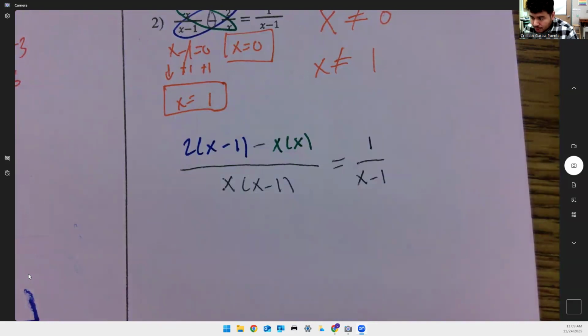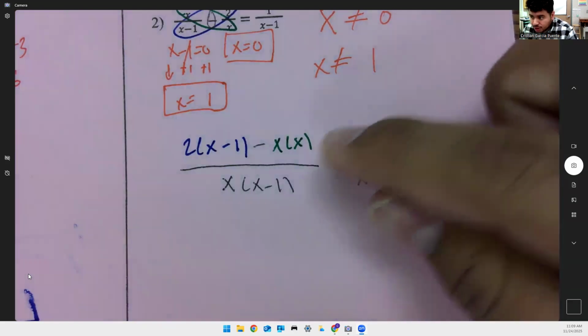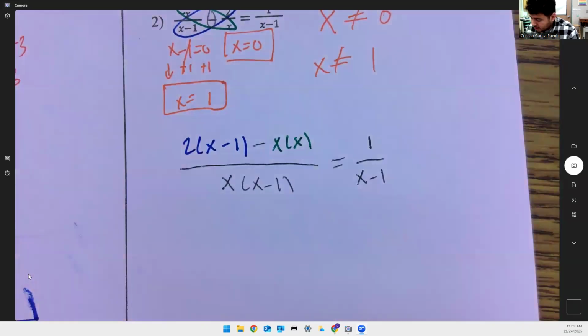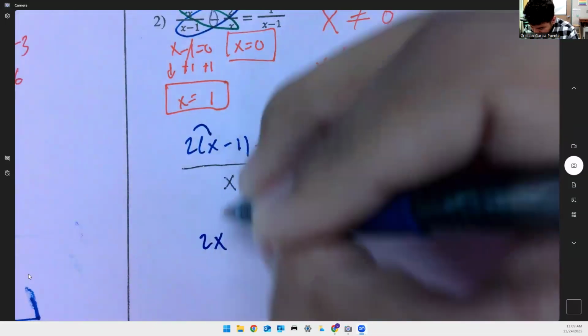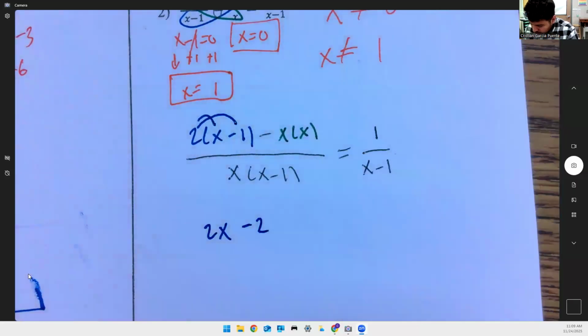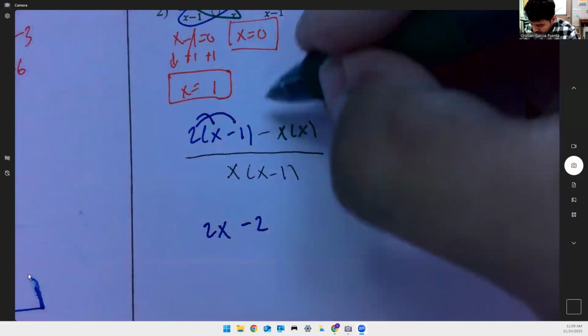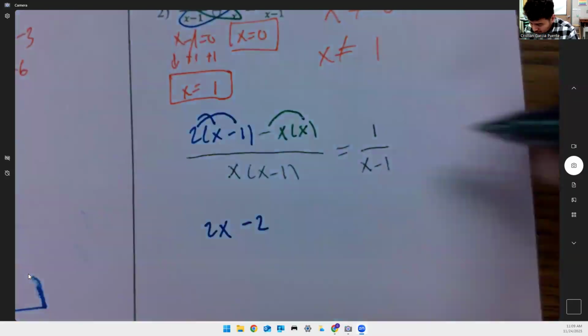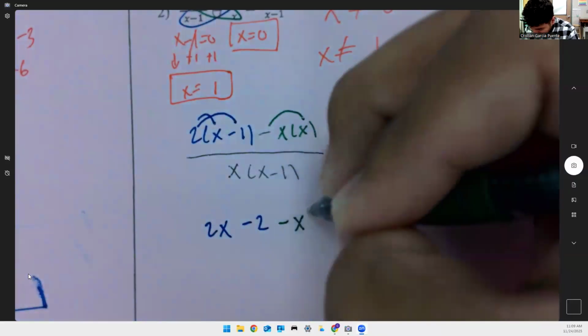But what I would recommend is first distribute that top side of the left fraction and clean it up. So you have 2 times x, which is just 2x, then 2 times negative 1, which is negative 2. Negative x times a positive x is a negative x squared.